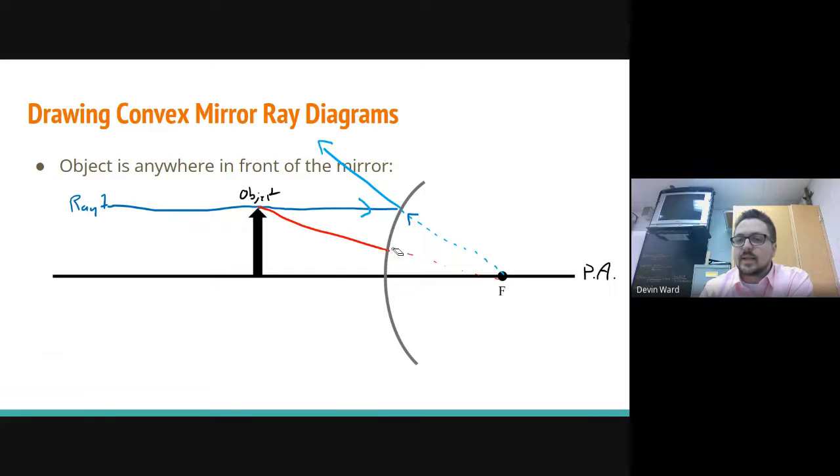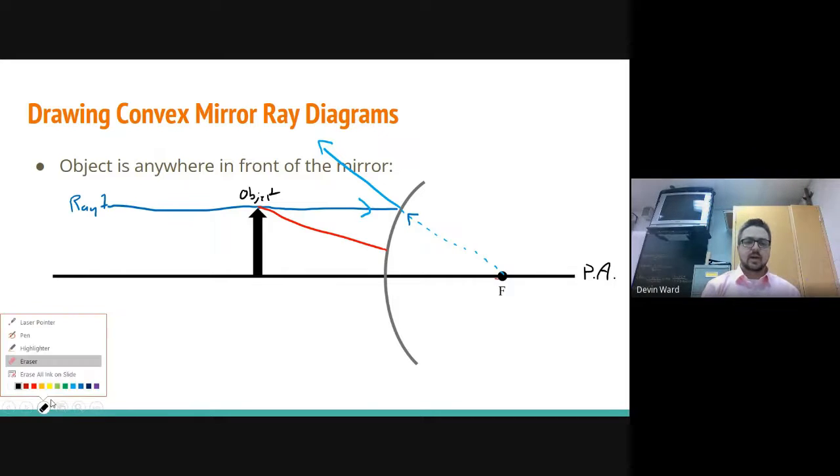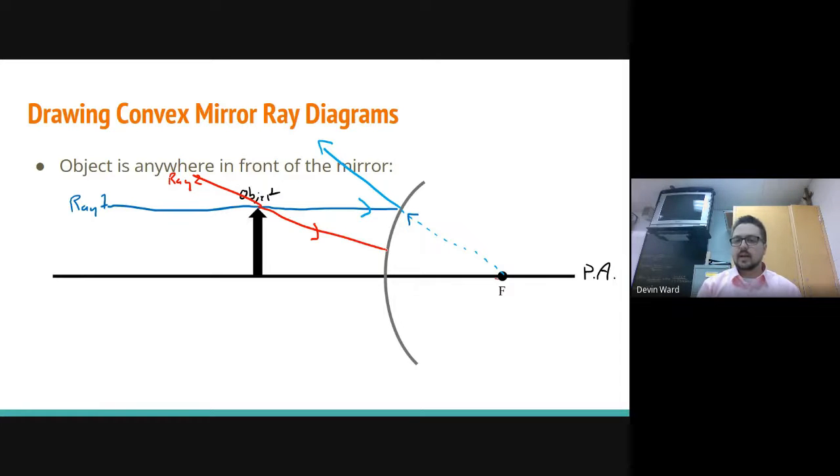Okay, so remember, don't extend the incident ray. You extend the reflected ray. Okay, so that will come in like that. Just line it up with your ruler, okay? So it comes in like that, and then it gets reflected back parallel.